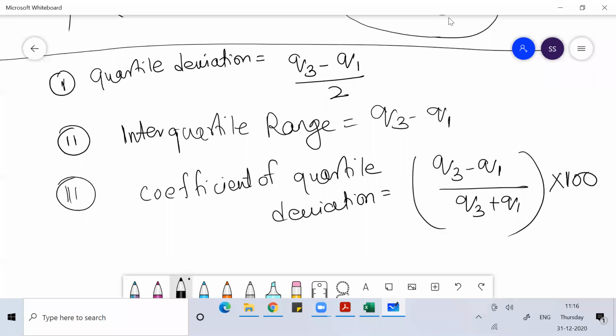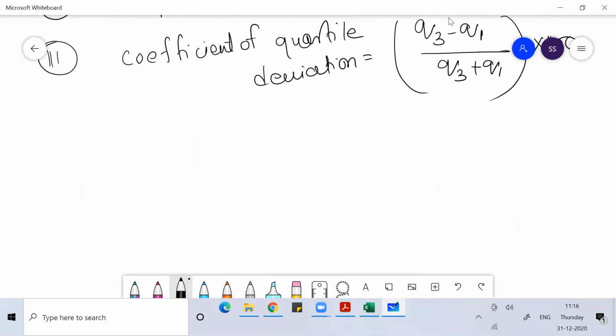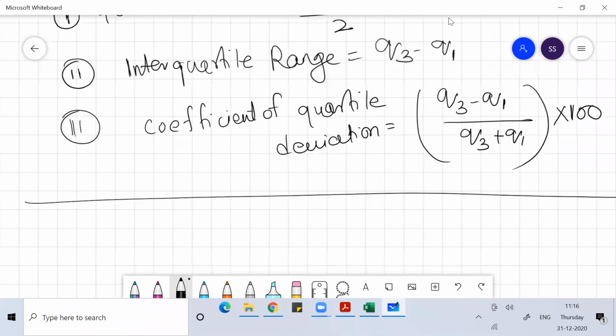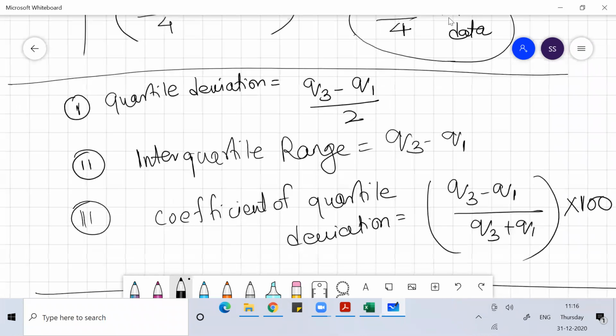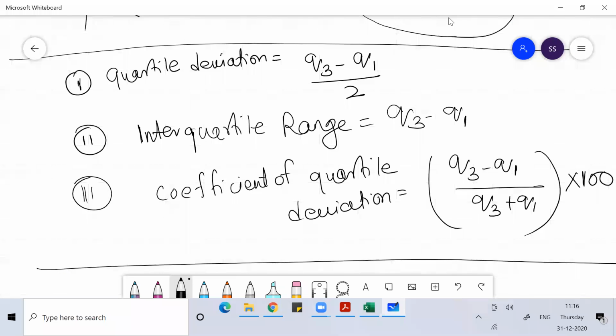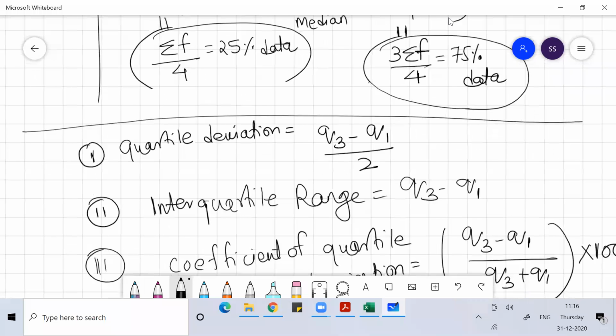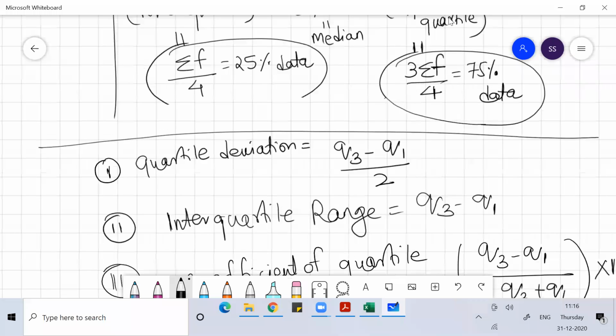So quartile deviation, interquartile range, coefficient of quartile deviation, all these parameters you have to keep in your mind. Clear, everyone? What is quartile deviation? What is interquartile range? What is coefficient of quartile deviation? You should be clear with these three terms.